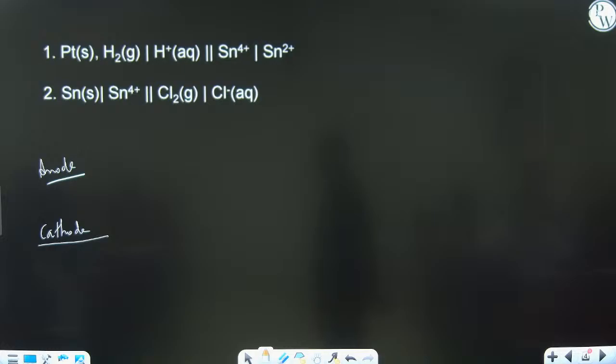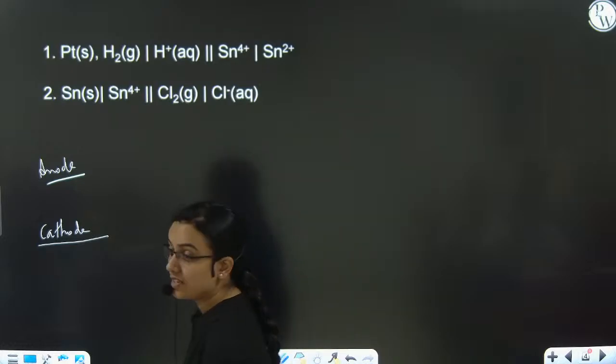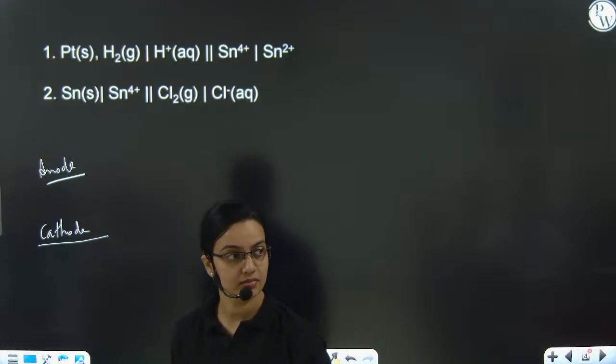Which is the anode part? Sn. Reactions, are you able to write?